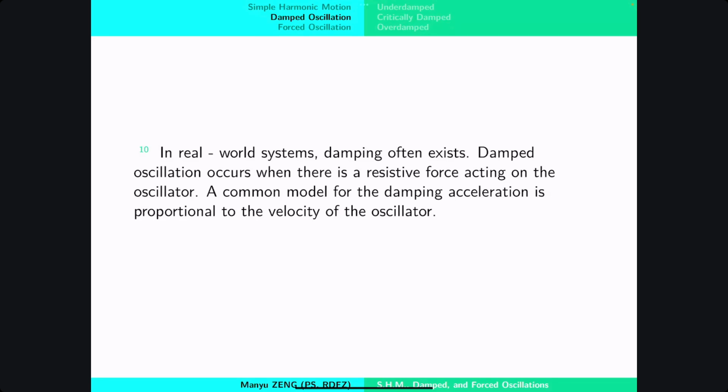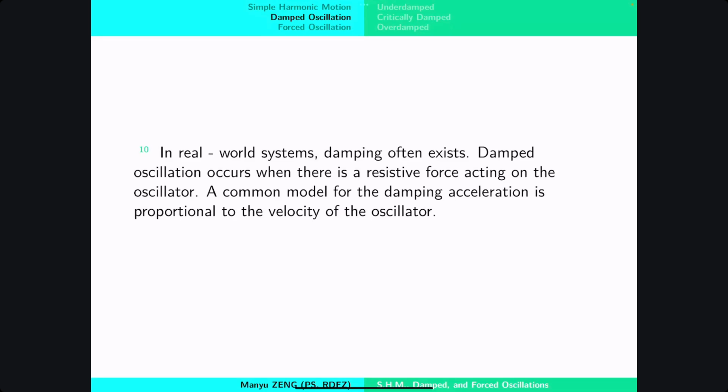This makes the mechanical energy of the system decrease from time to time, and when it decreases, the amplitude decreases, and we will see this phenomenon. So this is a resistive force, and we need a model because friction of the table is different from the drag of air and water.